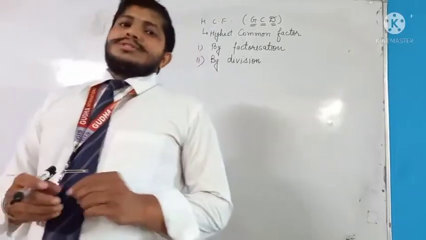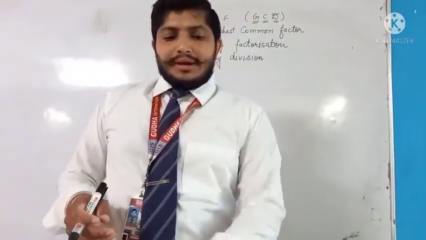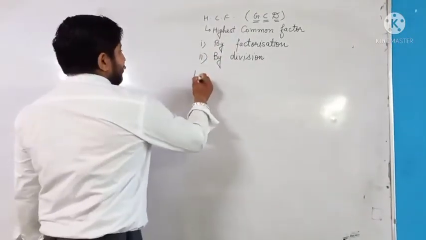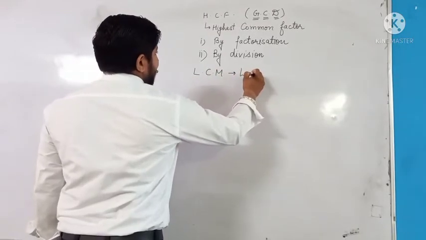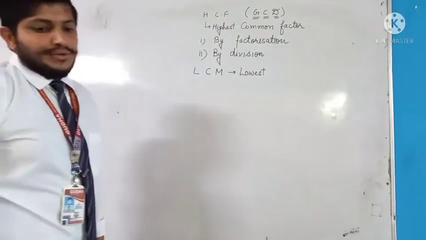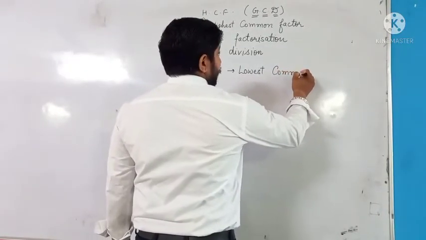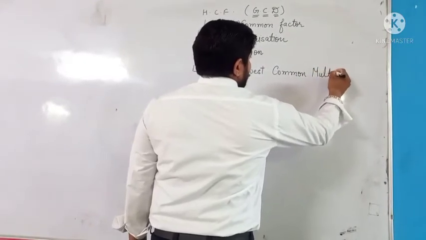Okay, next thing in this topic is LCM, lowest common multiple. L is for lowest, C for common, and M for multiple.